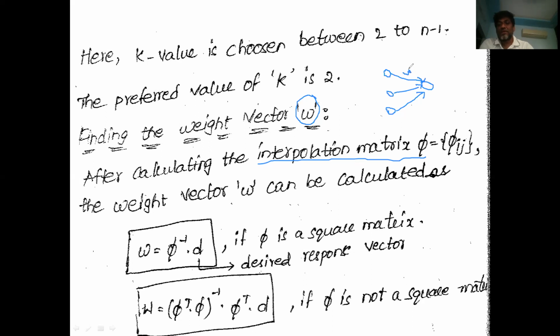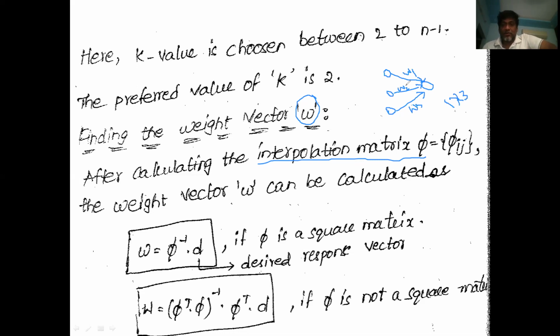Let us imagine this is W1, this is W2, and this is W3. Of course you can have some bias also, but I'm not assuming any bias here. Now if you observe, the weight vector becomes a 1 by 3 vector, or you can say a 3 by 1 vector whole power transpose.